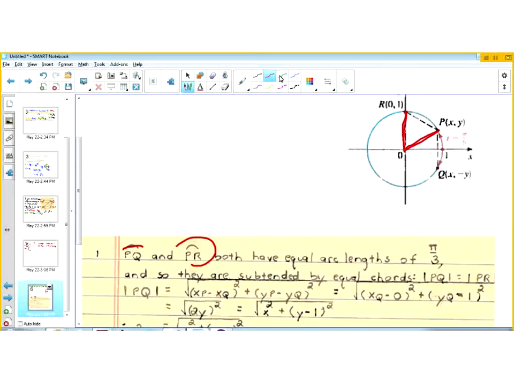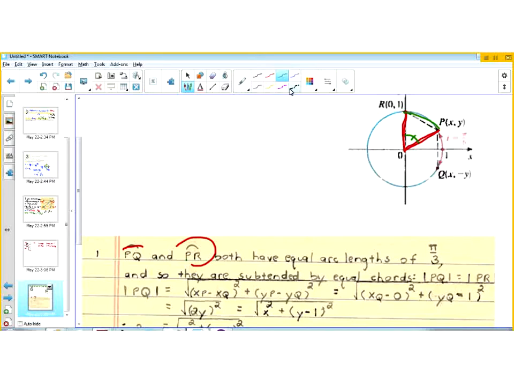We say that this arc, the arc PR, is subtended because the endpoints of the arc are also the endpoints of the two rays, or the two line segments, that are determined by this angle. So this arc is subtended by these two line segments.